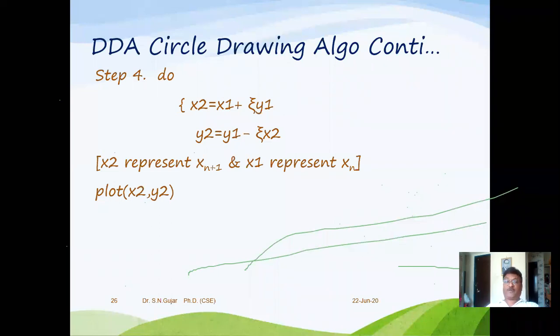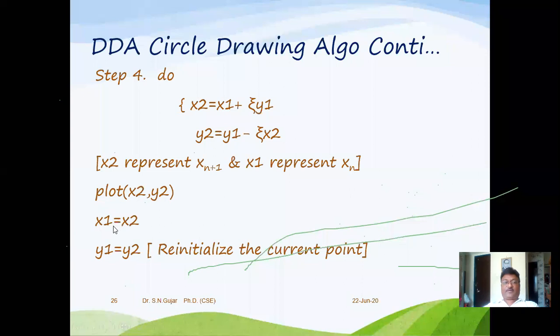You have to use the display function. The display function is what? That is the 8-way symmetry function, which I will explain at the time of the program. Now see, then again replace the values: x1 is equal to x2, y1 is equal to y2. Because this value becomes x2, y2, the next value you are going to draw. So reinitialize the current point.